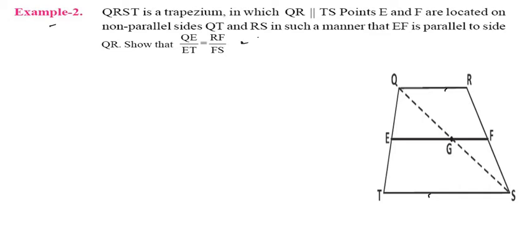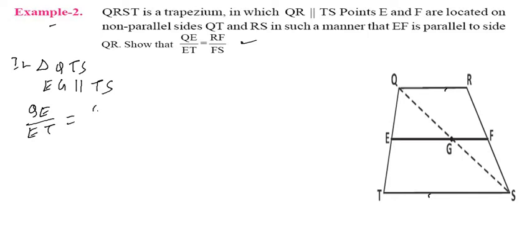In triangle QTS, EG is parallel to TS, hence QE upon ET will be equal to QG upon GS. So that is your equation first.